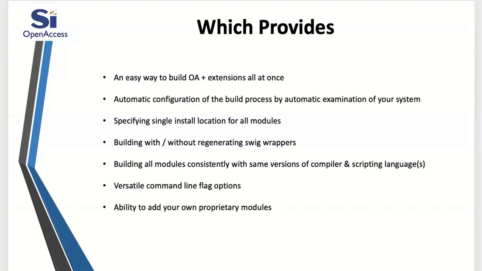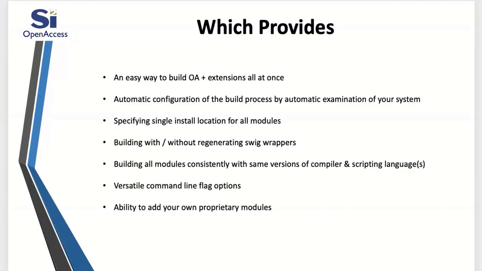That could easily be understated. So I want to reemphasize that if you've built OA and at some point later you want to build OA script or OAXPOP, you may have built with a different set of scripting languages than what you have in mind. This builds it all together with the same scripting languages and everything for all of the modules.